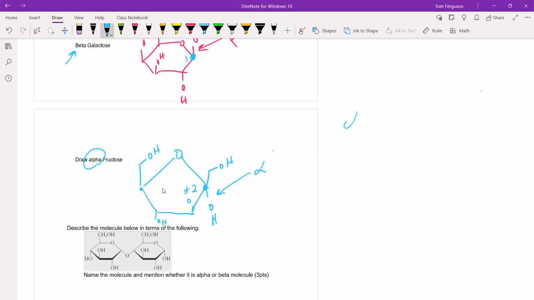So remember, alpha or beta has to have a hemiacetal. Now, in some books, they don't distinguish between a ketal and an acetal.